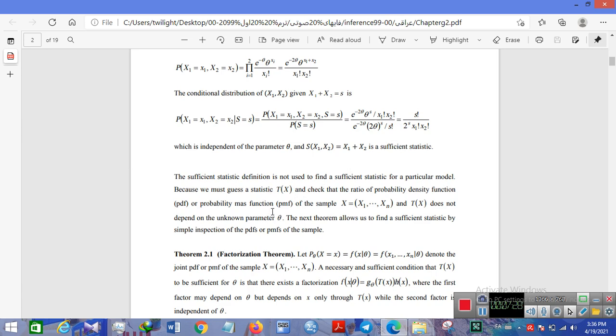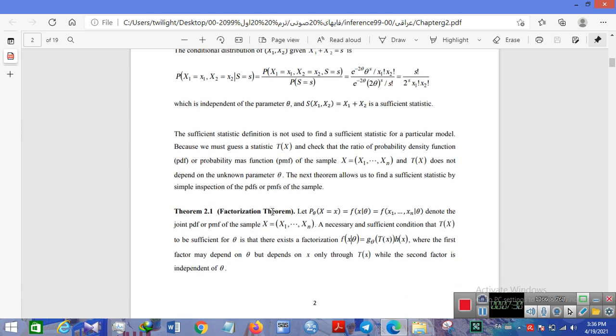But there is a theorem, the factorization theorem, which gives a way to find a sufficient statistic very easily.